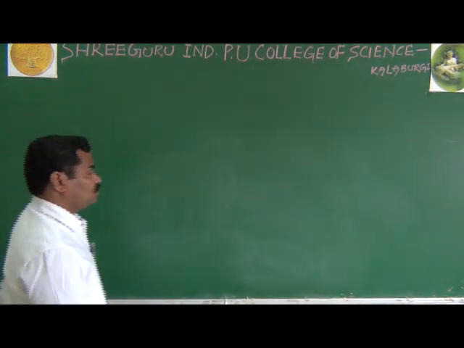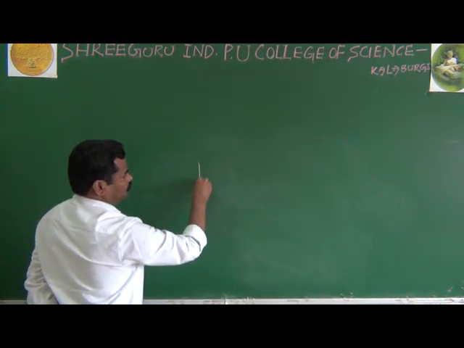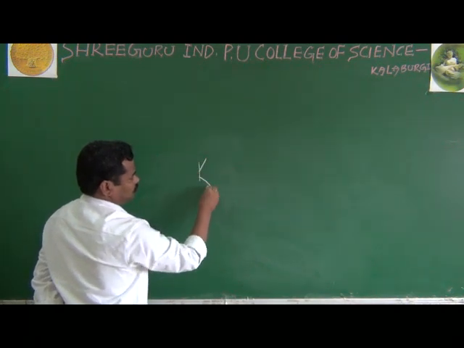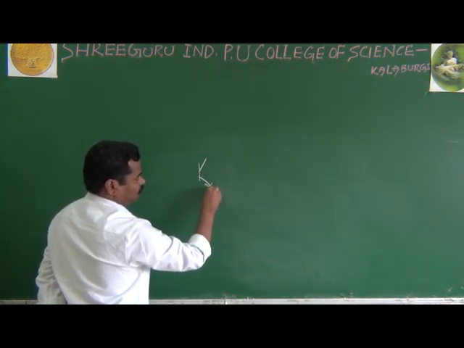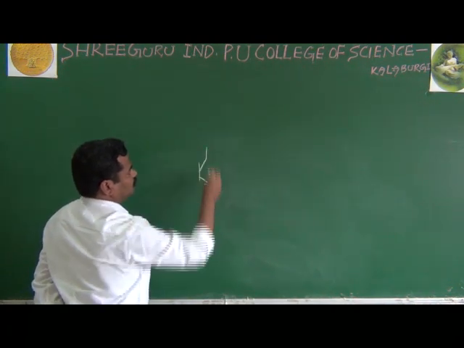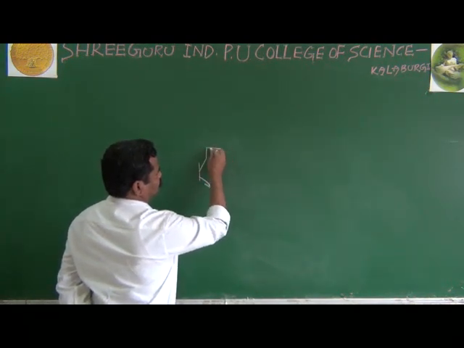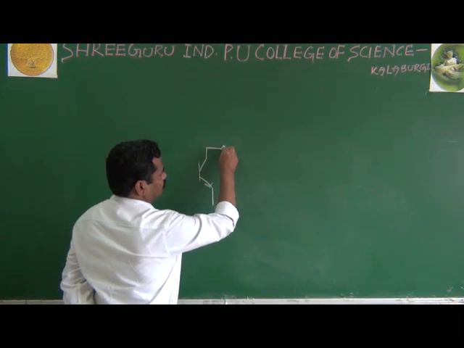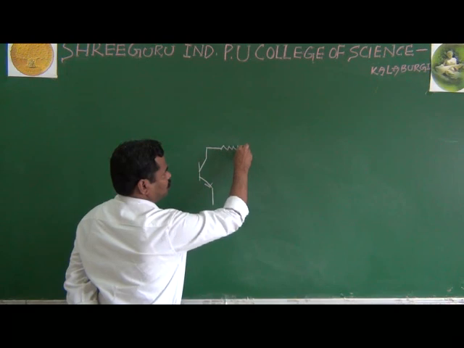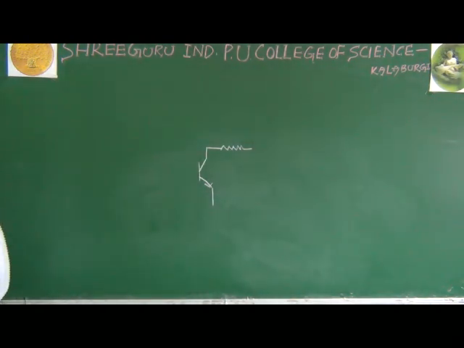Now we will go for the circuit diagram of the input and output characteristics of a common emitter configuration. And we know already, here we are using the common emitter configuration, and this circuit diagram is common for both input as well as output characteristics. They may ask the question in your exam, explain the input characteristics or explain the output characteristics.